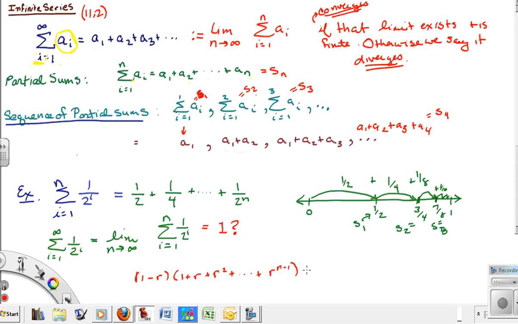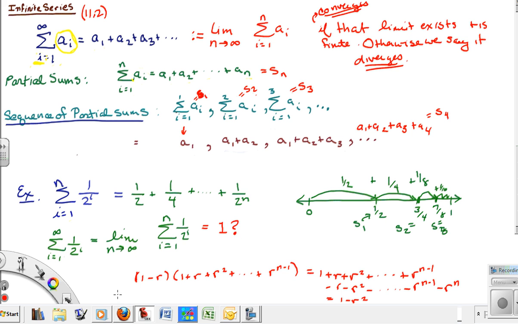If I multiply that out, I'm going to multiply the 1's through first. I get 1 plus r plus r squared plus dot dot dot plus r to the n minus 1. And if I multiply through by negative r, I get minus r, minus r squared, minus dot dot dot, minus r to the n. Notice this is equal to 1 minus r to the n.